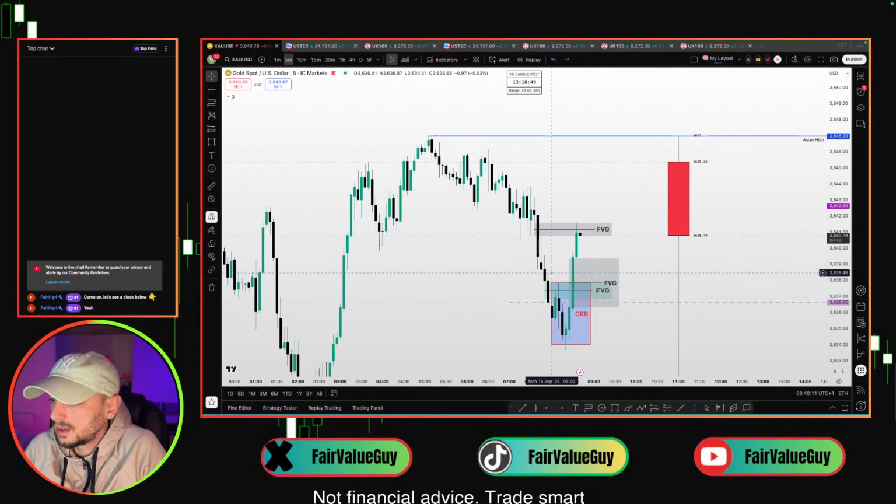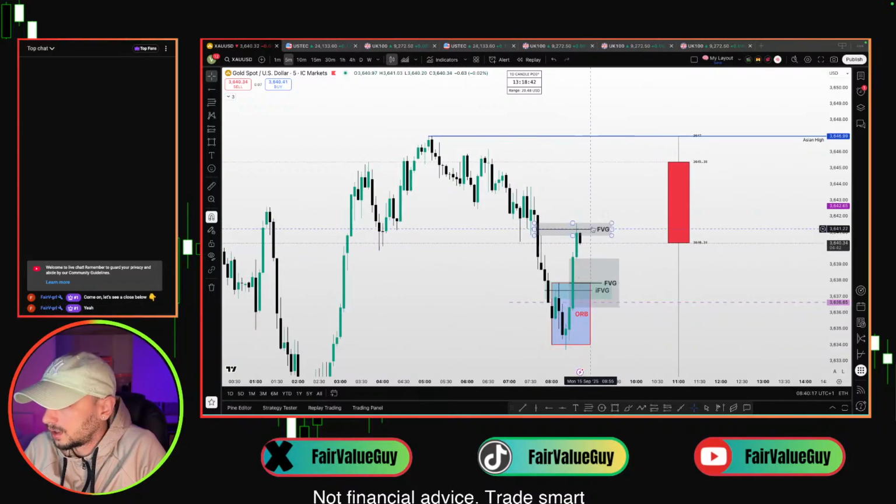So you can see how the new hour ranged, manipulated and started distributing. So on a pullback, it's a good idea to join this trade.